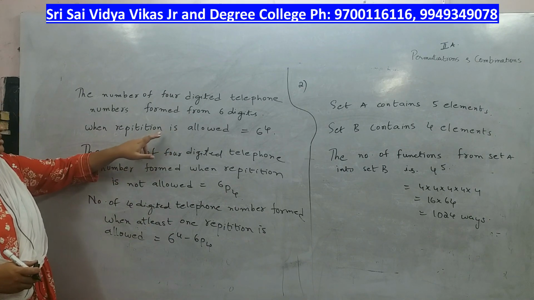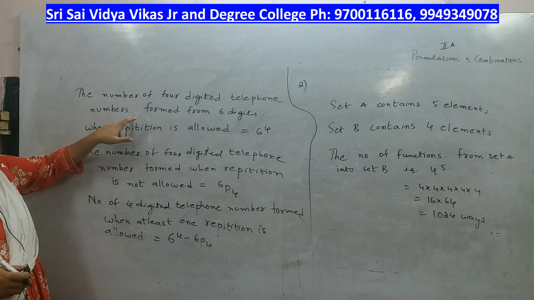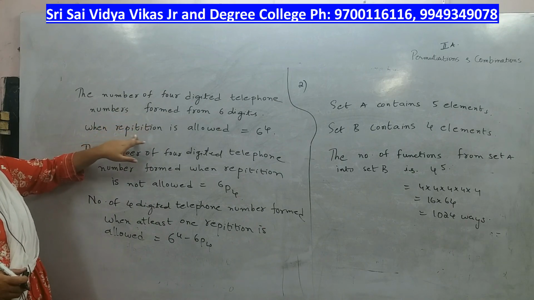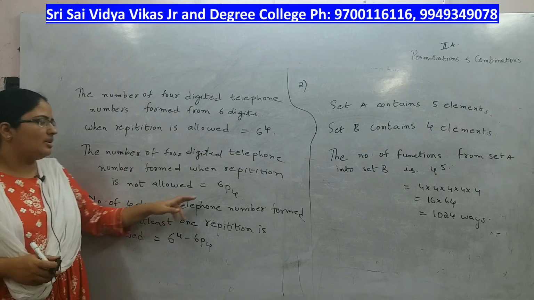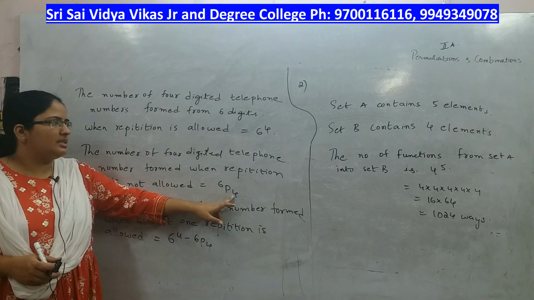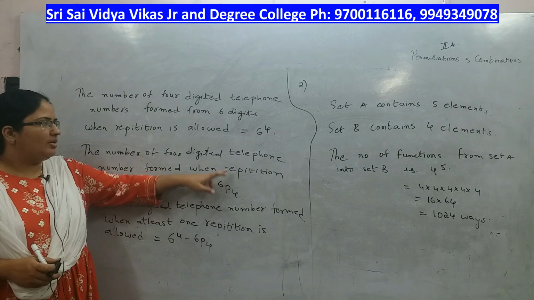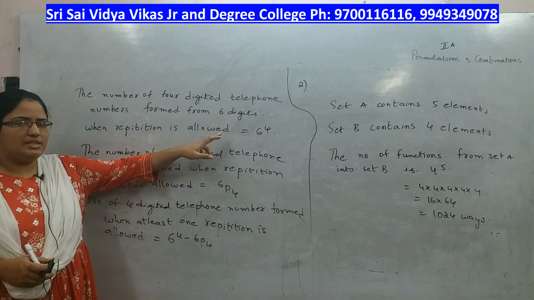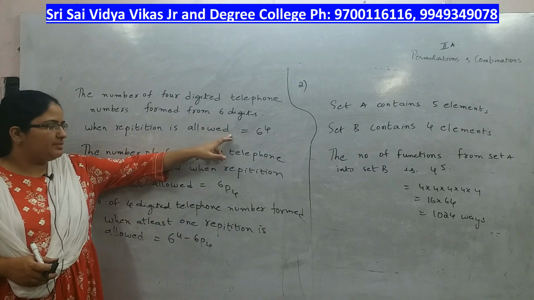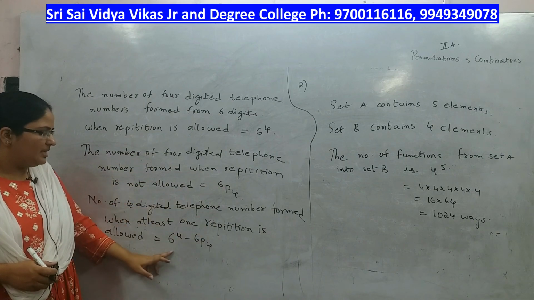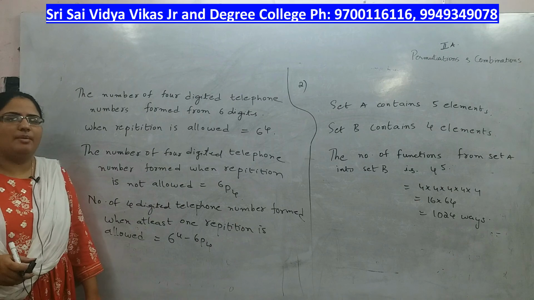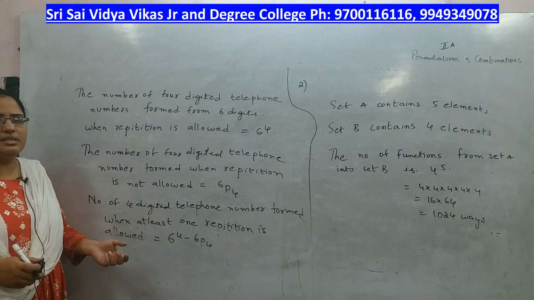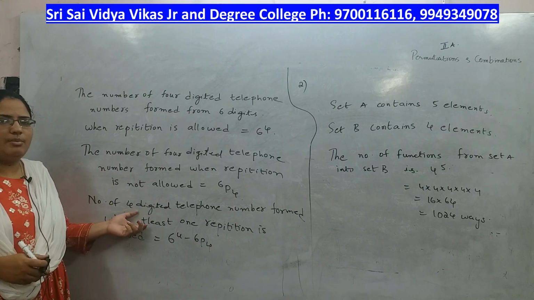The number of 4-digit numbers that can be formed from 6 digits when repetitions are allowed is 6 power 4 ways. When repetitions are not allowed, it is 6P4 ways. So when at least one digit is repeated, you have to do 6 power 4 minus 6P4. 6 power 4 minus 6P4 will give you the 4-digit telephone numbers in which at least one digit is repeated. That's about this problem.